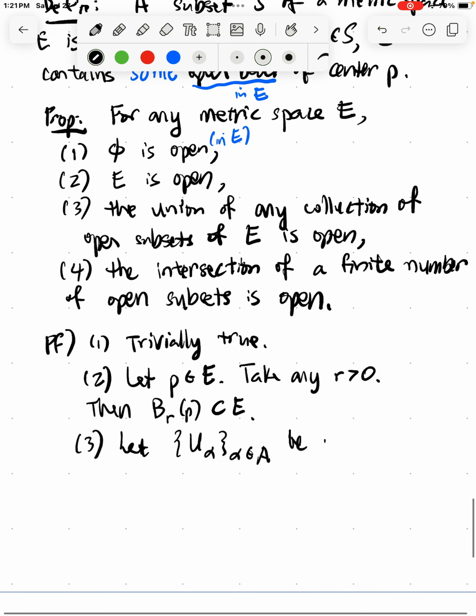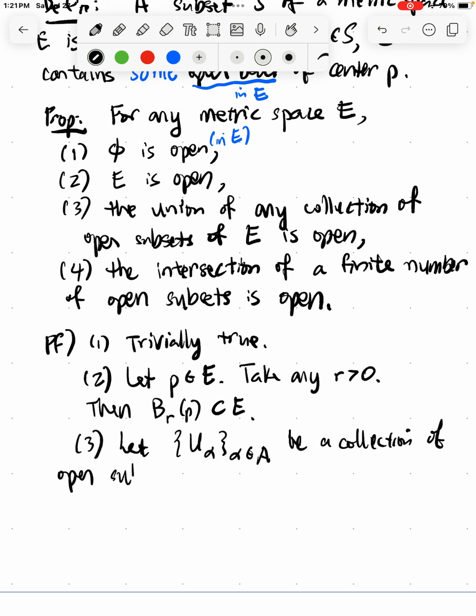This is a collection of open subsets of E. Now you want to show this is open, so we need to show that your union contains an open ball.